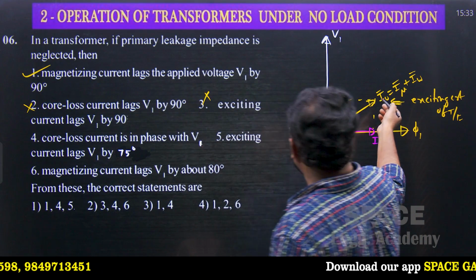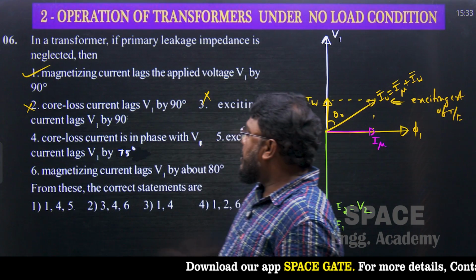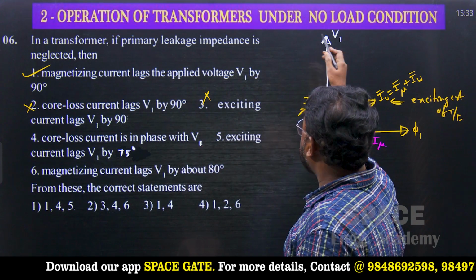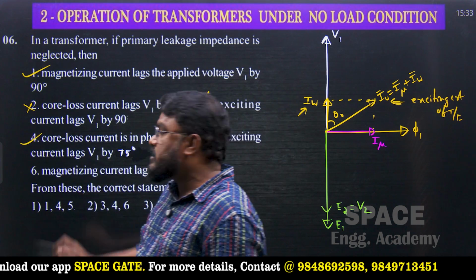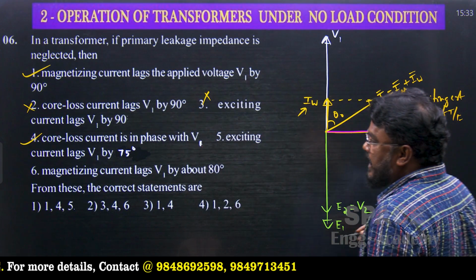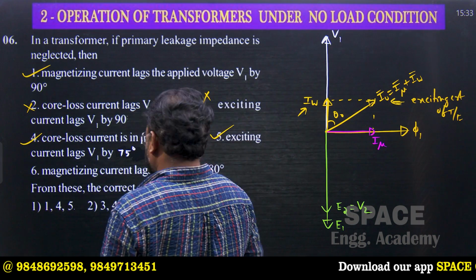Exciting current means no load current, so this angle theta naught is less than 90 degrees. Fourth one: core loss current in phase with applied voltage. In phase with applied voltage means this statement is correct. Next, fifth statement: exciting current lags applied voltage by 75 degrees. So this statement is correct.